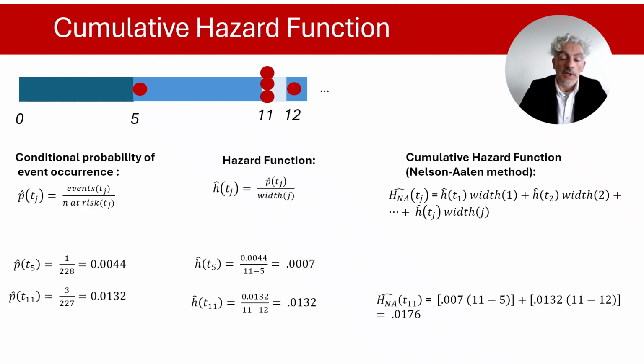You may notice here that since the hazard function is obtained by dividing the interval conditional probability by the interval width, multiplying the conditional probability by the interval width just returns the conditional probability. So here the cumulative hazard function is equivalent to the sum of the conditional probabilities before the interval of interest.